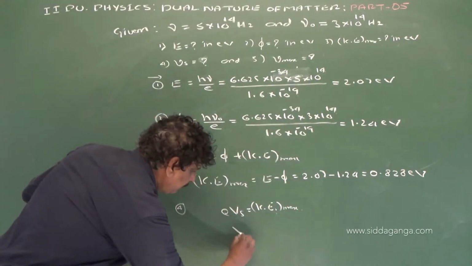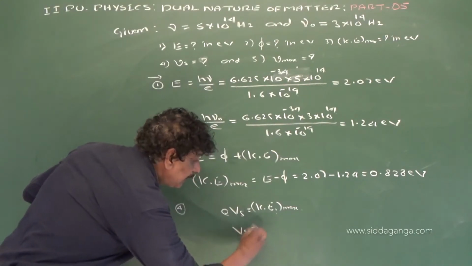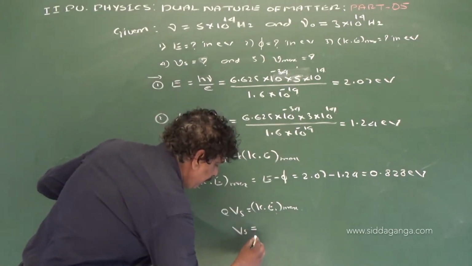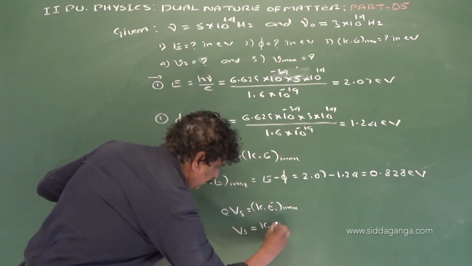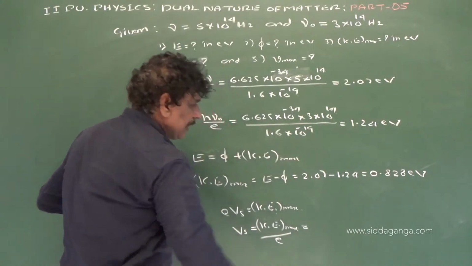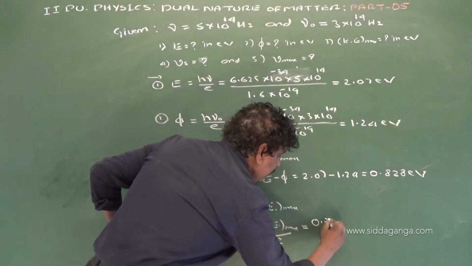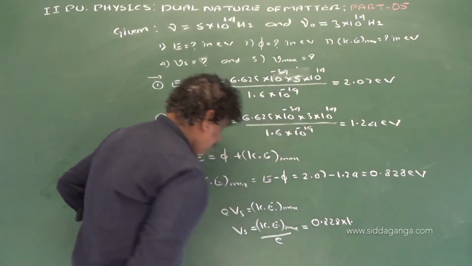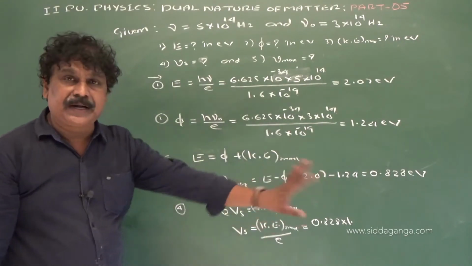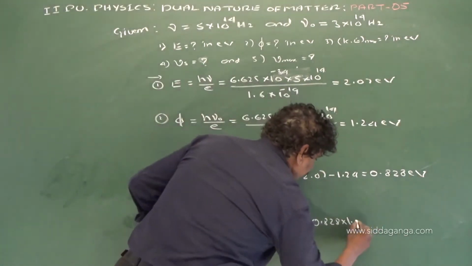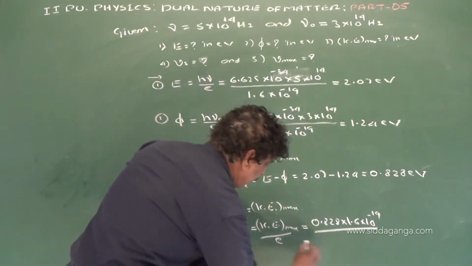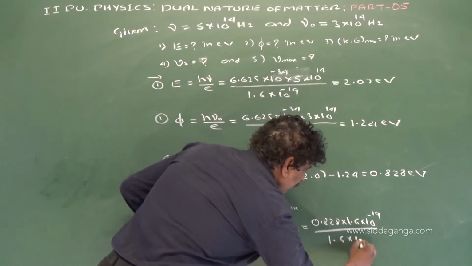So Vs is equal to kinetic energy maximum by e, that is 0.828 into 1.6 into 10 power minus 19 divided by 1.6 into 10 power minus 19.